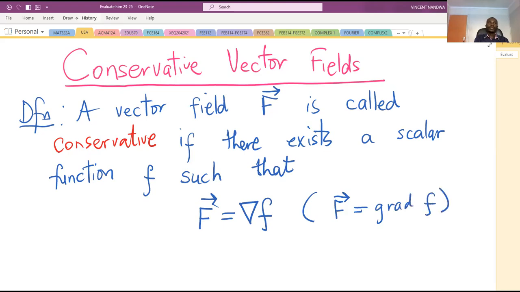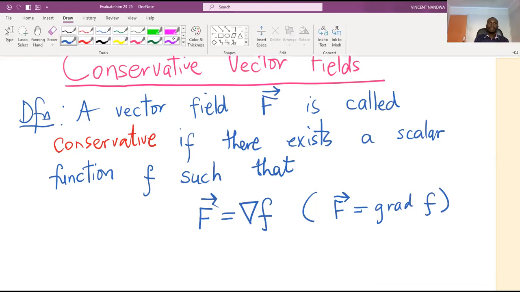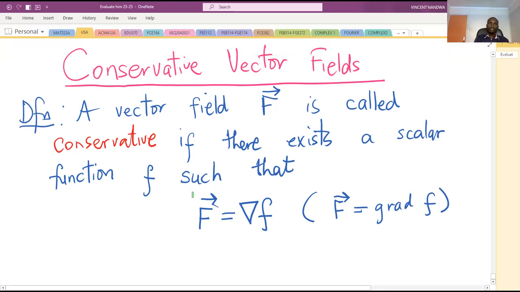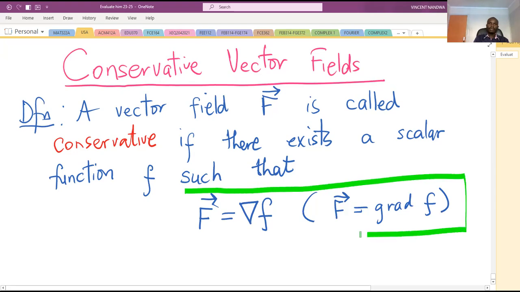So this is the definition of a vector field which is conservative. A vector field which can be expressed as the gradient of a scalar function is called a conservative vector field.